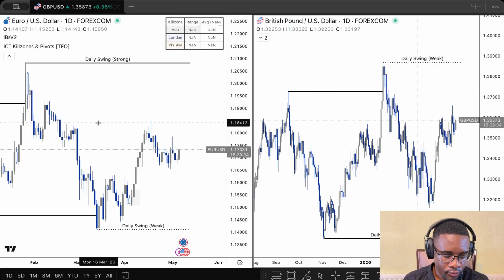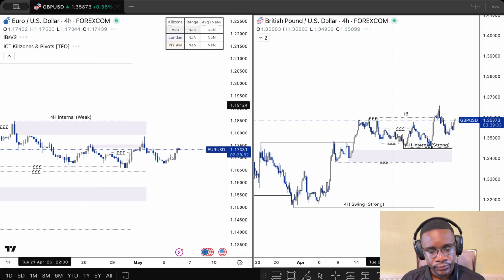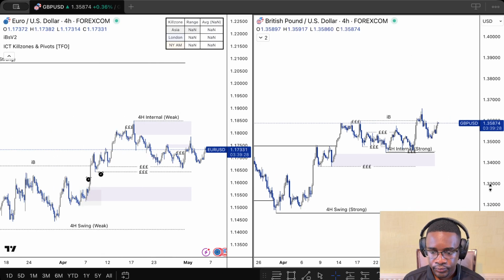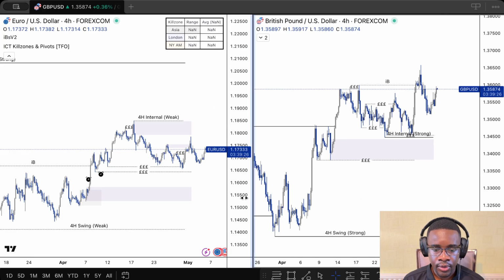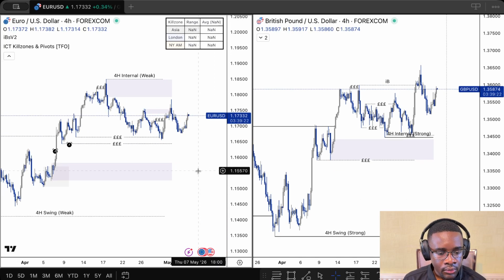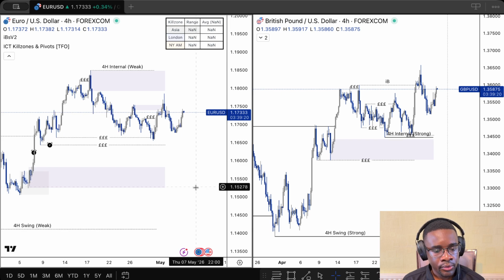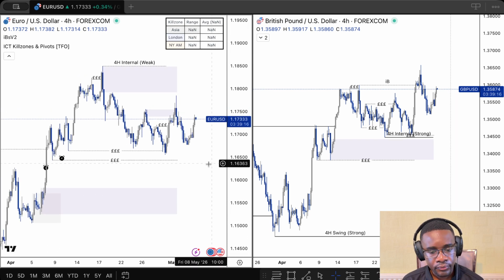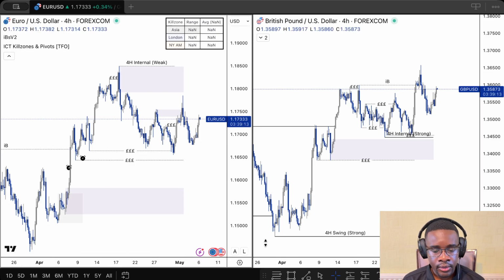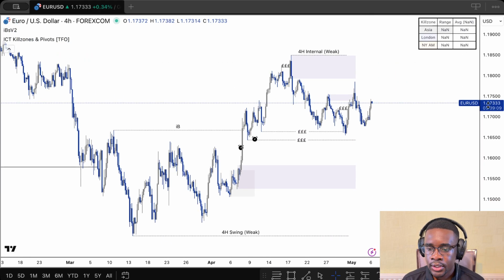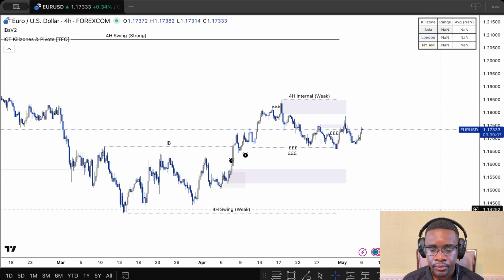So looking at the 4 hour, just focusing on the current ranges. On the Euro USD, we had an internal break of structure.